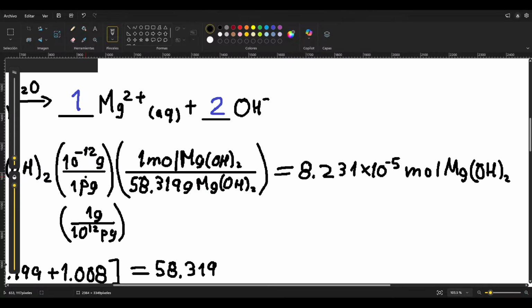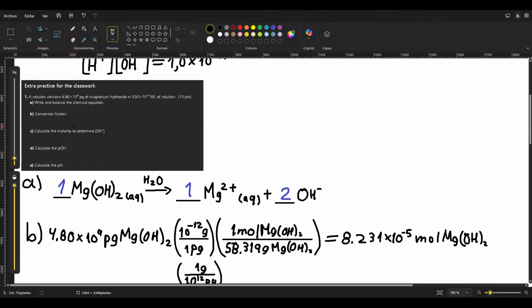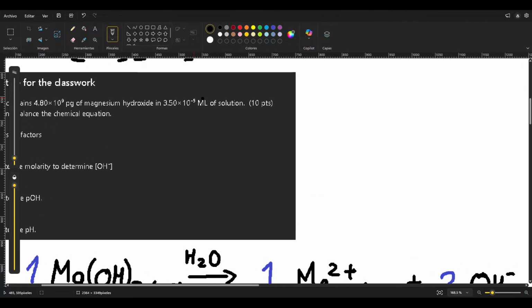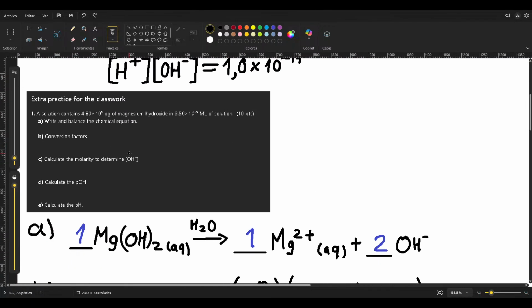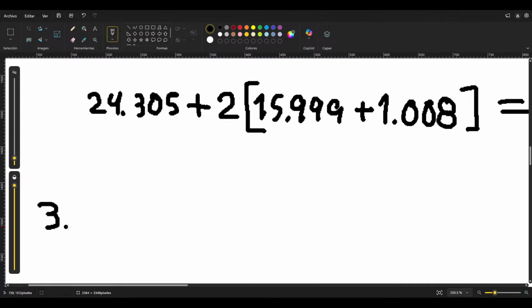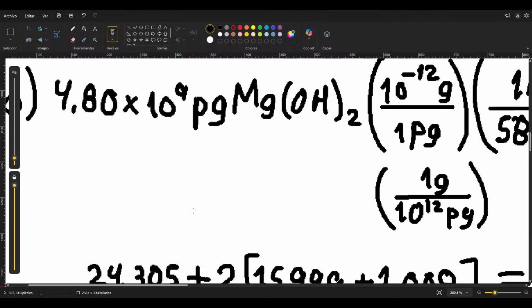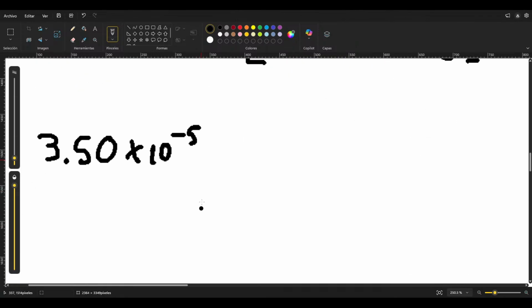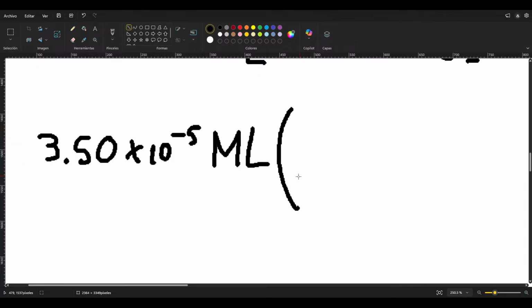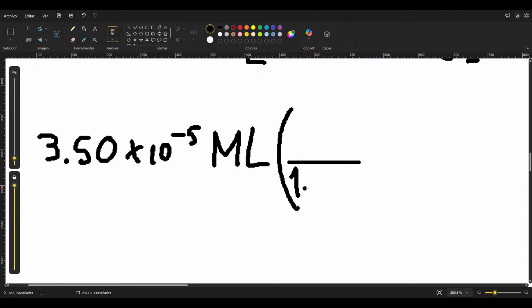Yeah, so now we have the mass of the compound in moles, and now we're gonna convert this to liters. So 3.50 times 10 to the negative 5 megaliters. Okay, so 1 megaliter means 10 to the 6 liters.